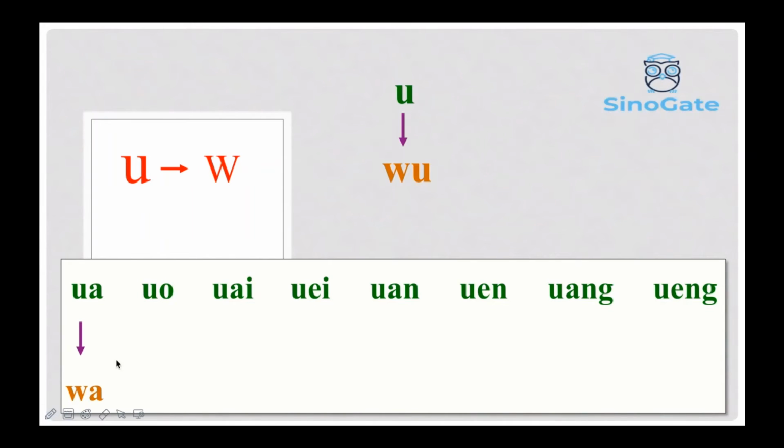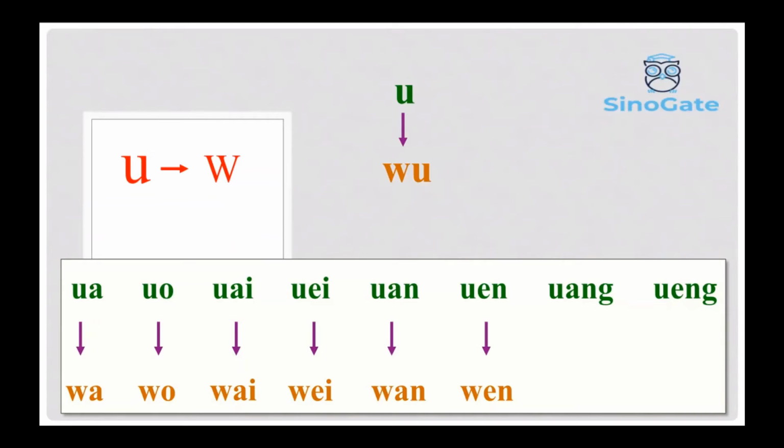Wa, wo, wai, 微, 弯, 温, 汪. And the last one, 翁. Okay, so do you get it? The special W and Y, the big I and U.